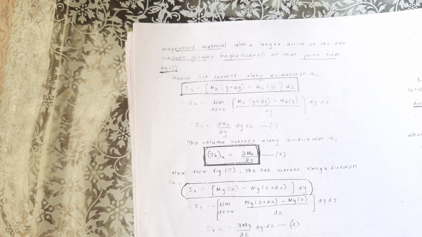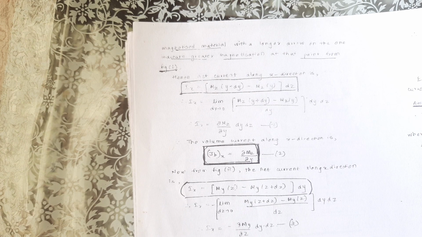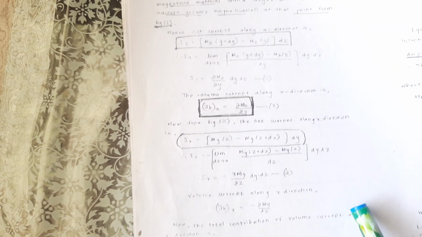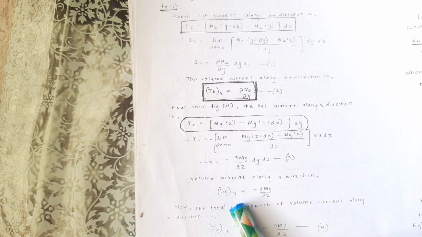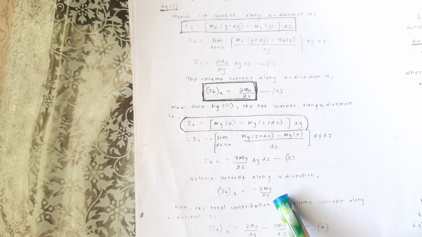So the volume current density along the x direction is Jbx is equal to minus delta My upon delta z.